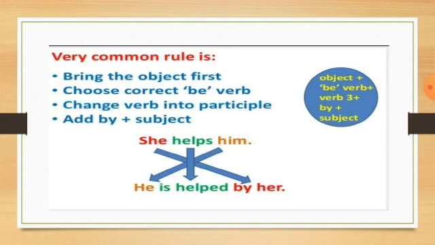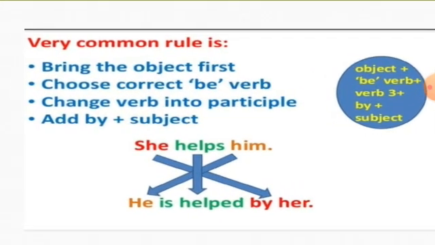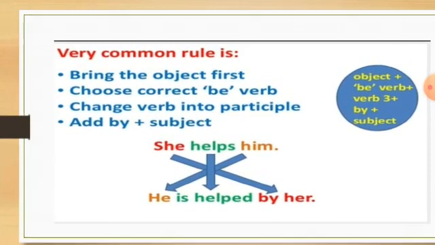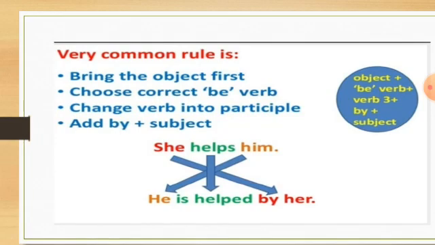Next, third is change the verb into participle. The verb which is in the active voice you need to change to the participle or third form. Clear? Number four is add "by". You need to add "by". And fifth is add the subject.